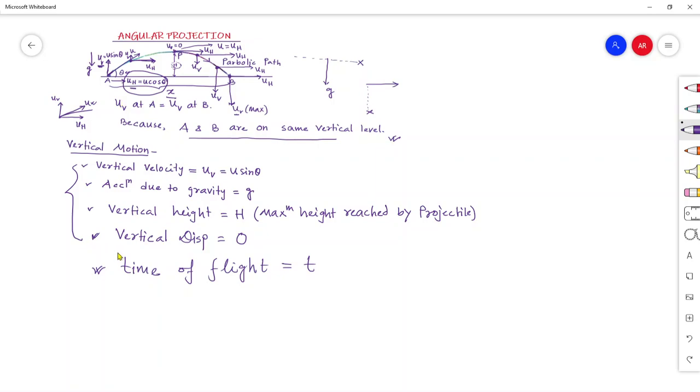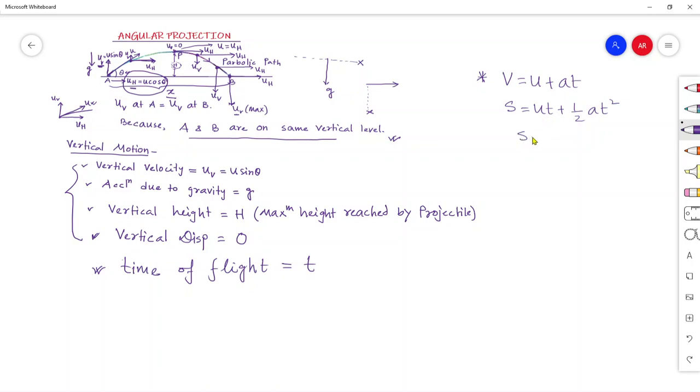Now we are just going to use the same equations of motion, but wisely in a different way. We are right now considering for the vertical motion only the vertical velocity, not the horizontal velocity, not even the resultant velocity. First of all, get acquainted with the equations of motion once again. We know v equals u plus at. We know s equals ut plus half at squared in terms of the initial velocity.